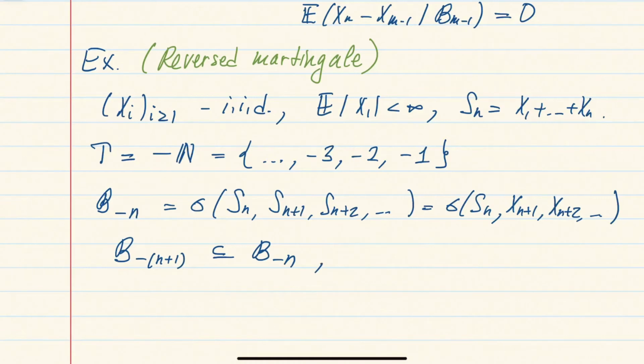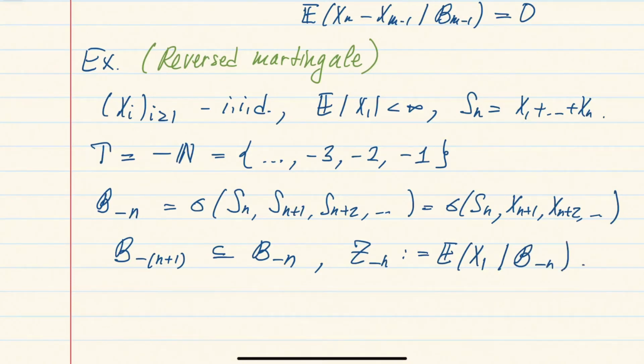And then we will consider this right closed martingale, where the random variable Z_{-n} will be just the conditional expectation of the first summand, X1, given the sigma algebra B_{-n}.